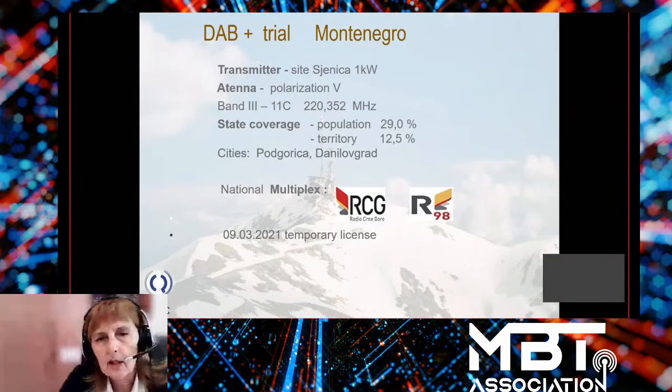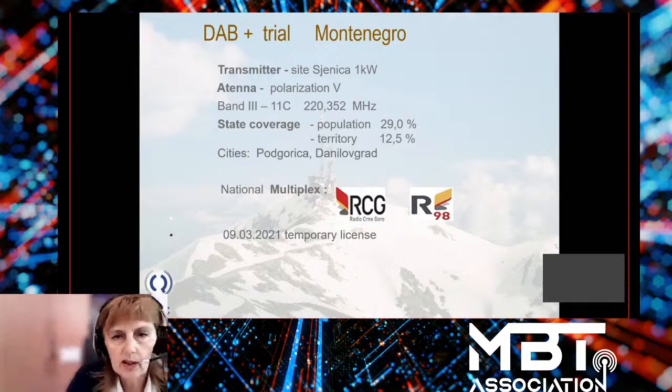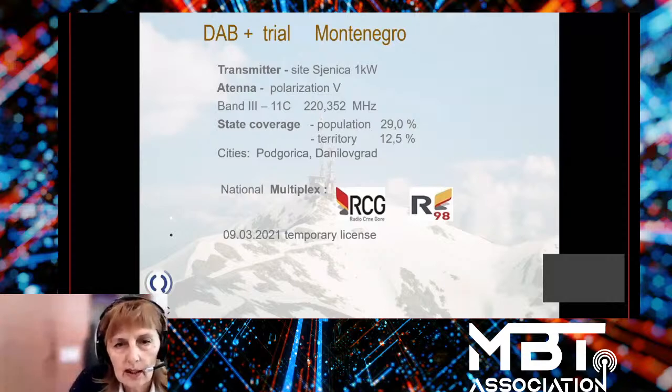It's part of the national multiplex or national allotment law chain. We put in a 1 kilowatt transmitter and a new antenna system with vertical polarization.